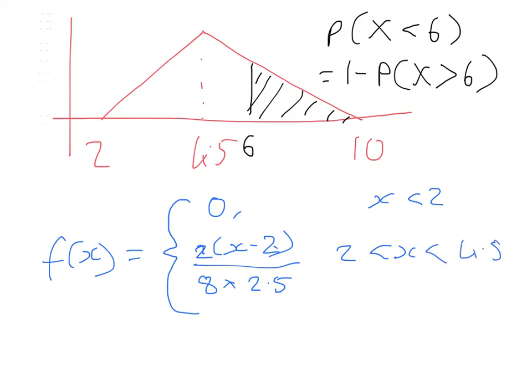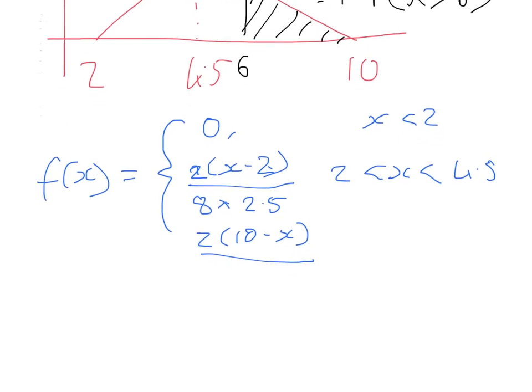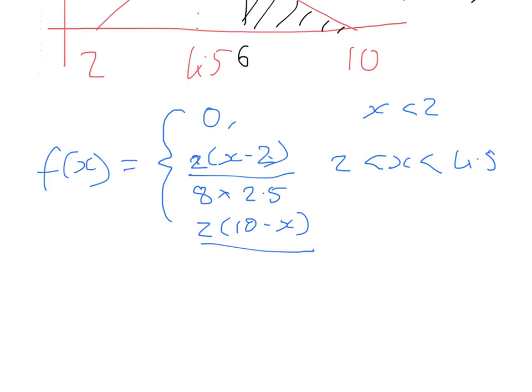Now we need a little bit more room here. Right, the next one we have 2 lots of b minus x, 10 minus x, all over b minus a, which is 8, times b minus c, which is 5.5.